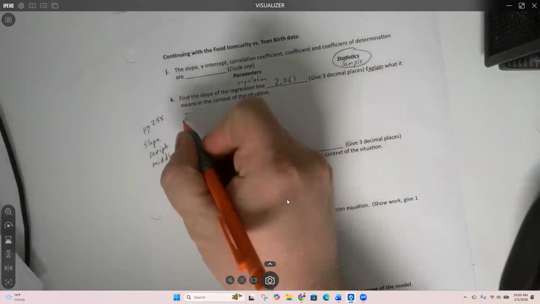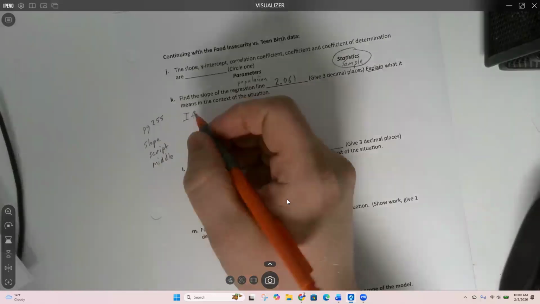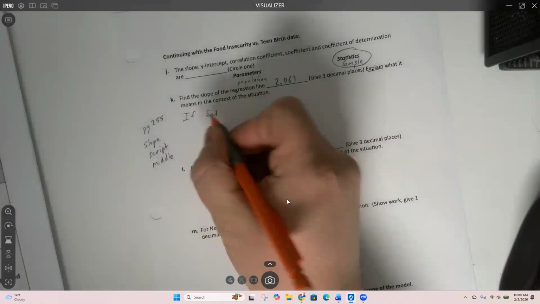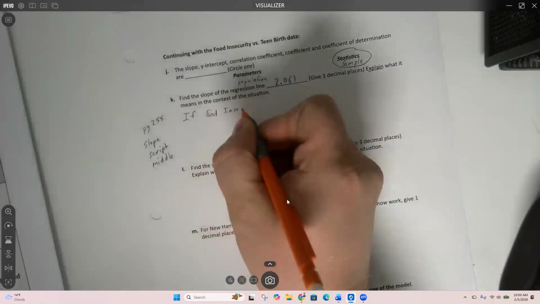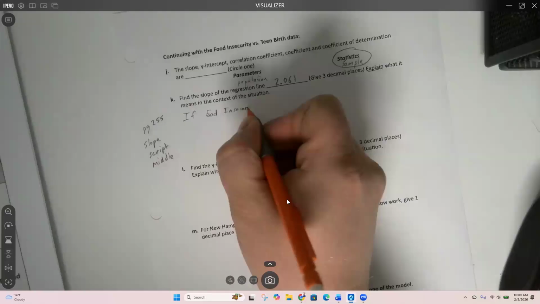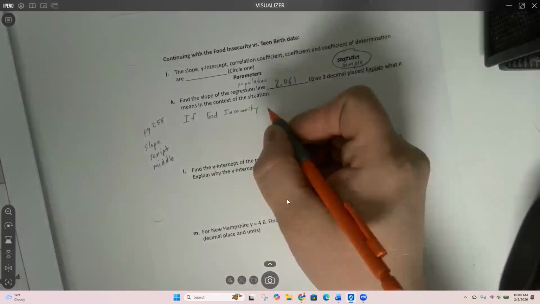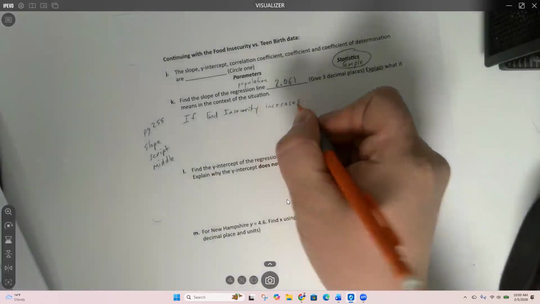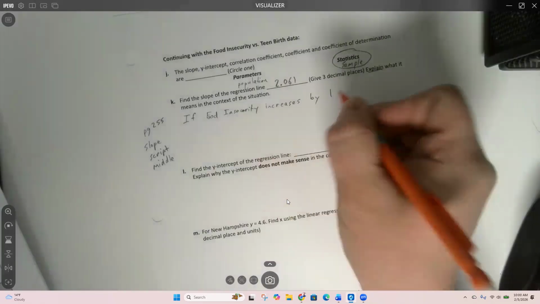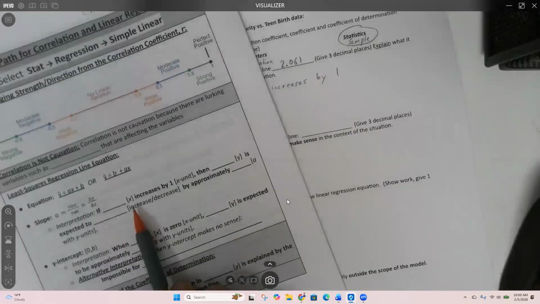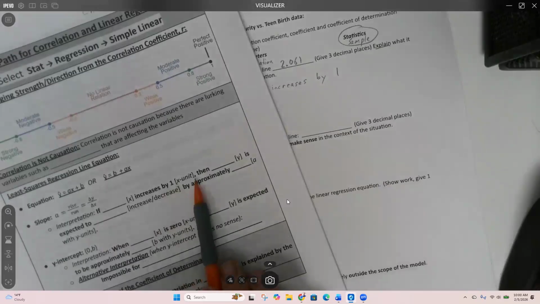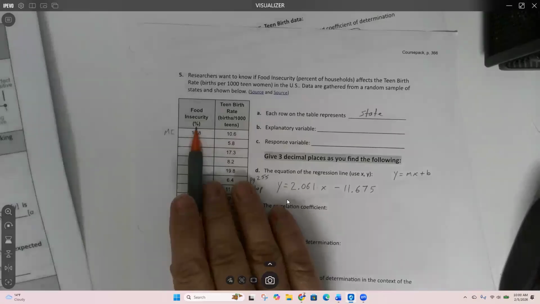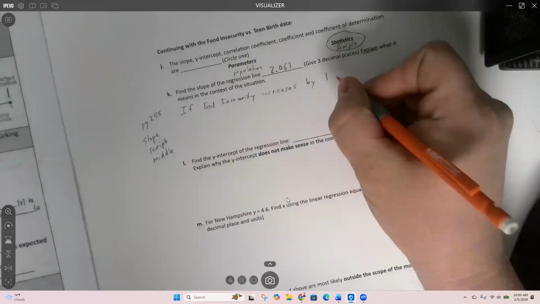If food insecurity rate increases by 1, always increases by 1. If food insecurity increases by 1, and then you write out what the x unit is. So what is the unit on my food insecurity? The unit is percent. So 1%.